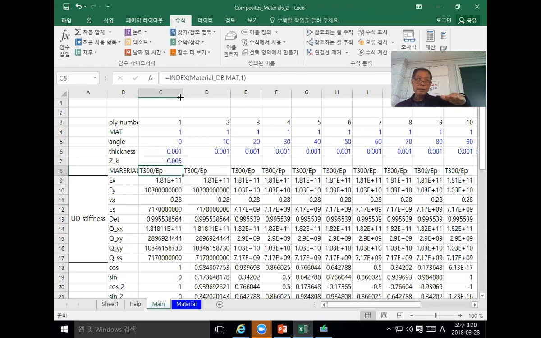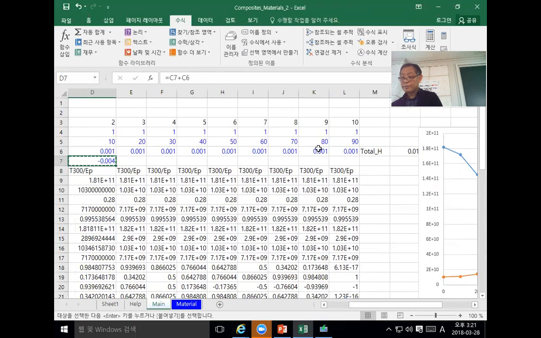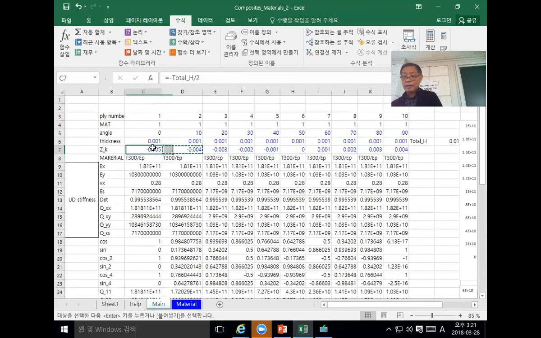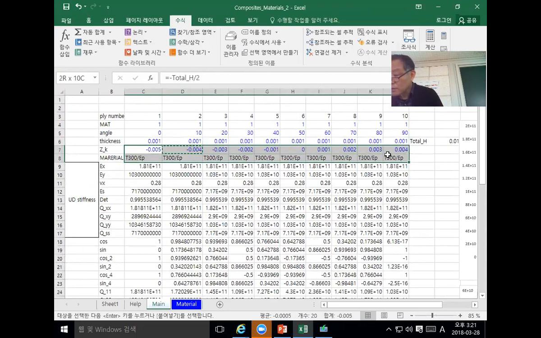Then the next one is this one plus this thickness, and so on. As you can see, this is each ply thickness, and this is the z coordinate.